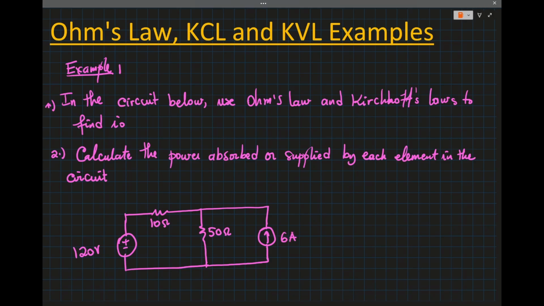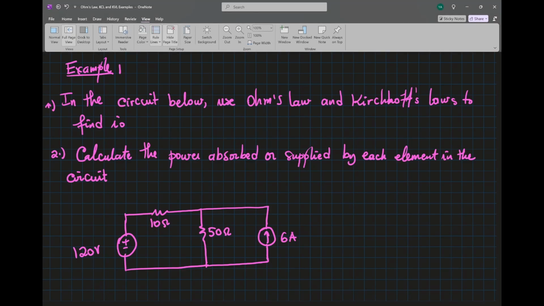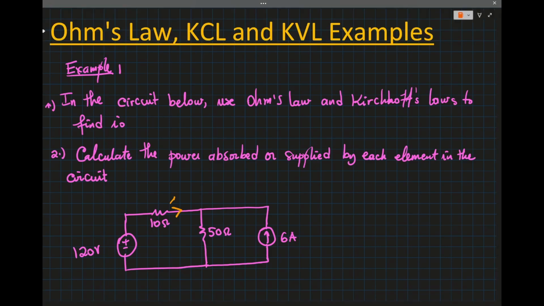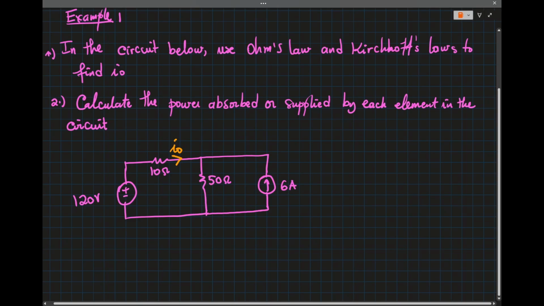And I0 that we're looking for is the current flowing through the 10 ohm resistor. Okay, so solutions.